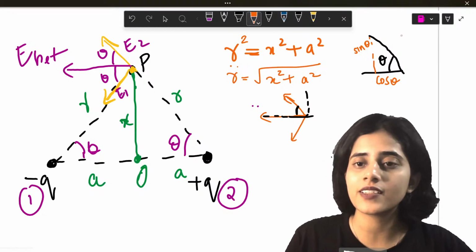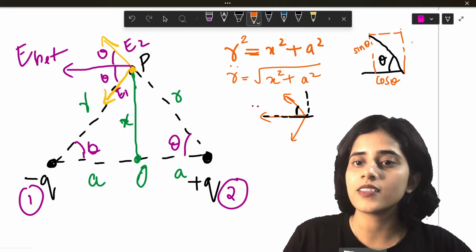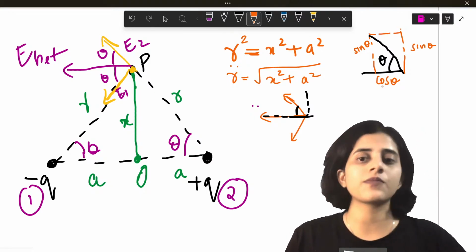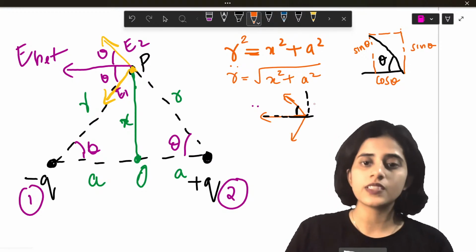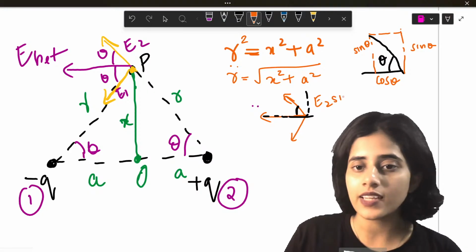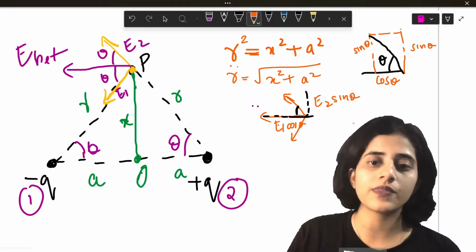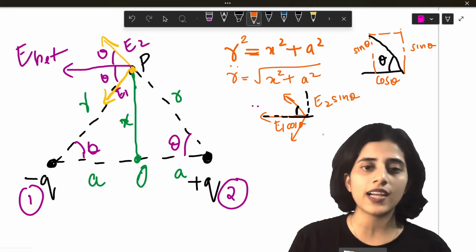If I take another angle here, this side will also be sin theta. So in this triangle, this side will be E2 sin theta and this side will be E1 cos theta. The same thing happens for both the angles.